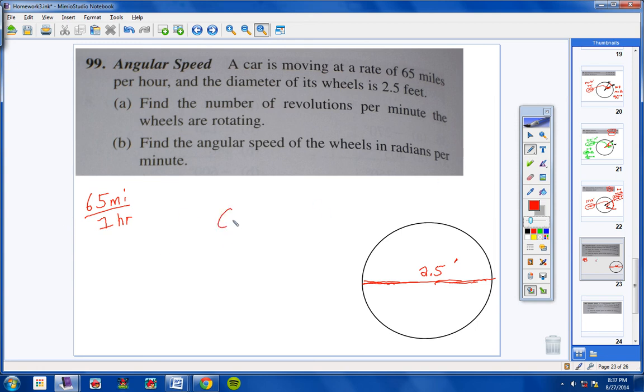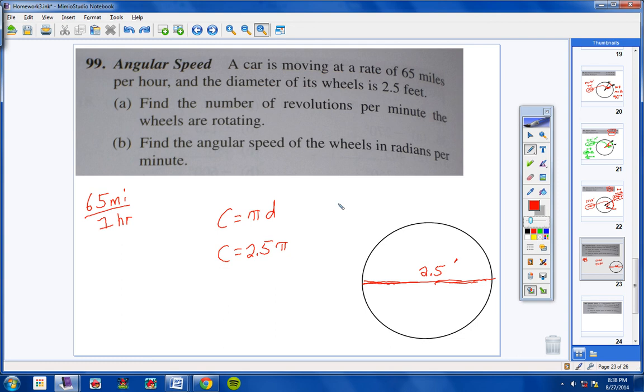The circumference of a circle is pi d, and the diameter is 2.5. So the circumference equals 2.5 pi. Because where d is right here, I put 2.5. Got it? And what I just told you, the circumference is the same thing as the distance of one revolution.